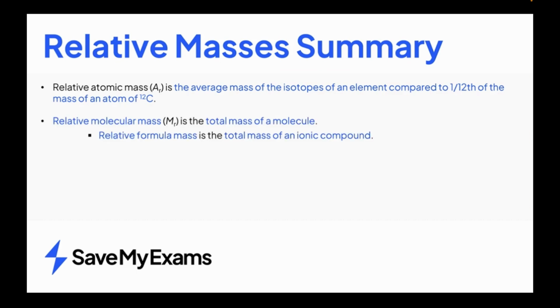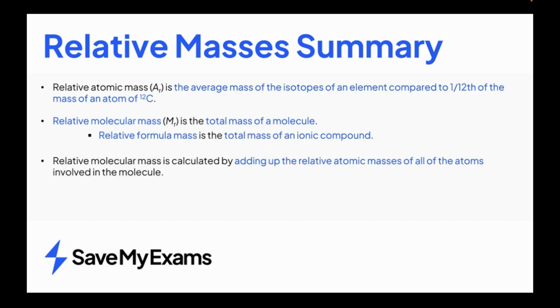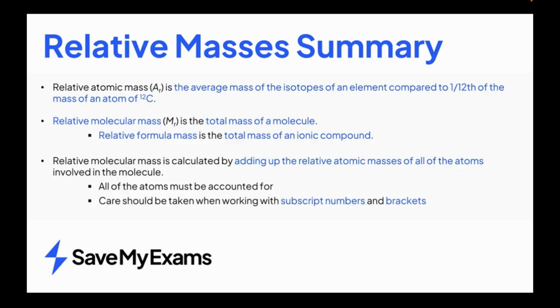If you are dealing with an ionic compound specifically, then it should be called relative formula mass. To calculate relative molecular mass, you add up the relative atomic masses of all the atoms in the molecule or ionic compound. Take care when the chemical formula contains subscript numbers and brackets.